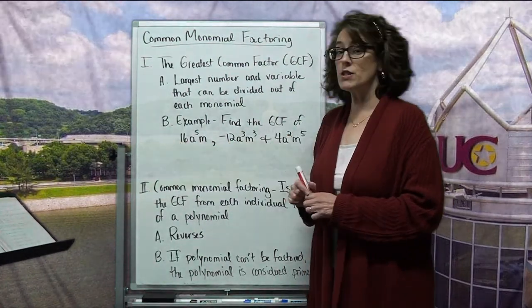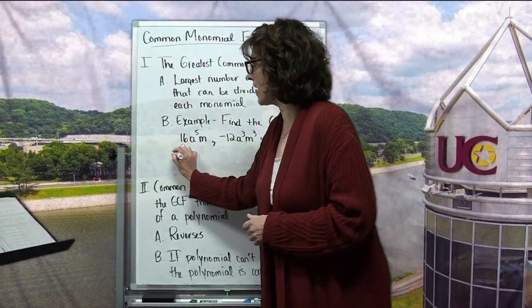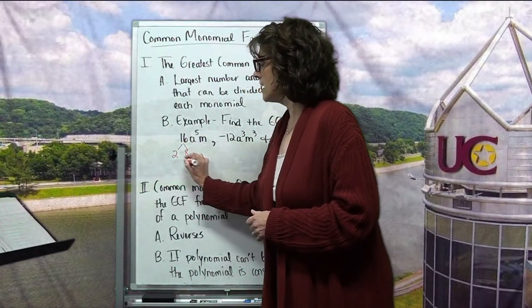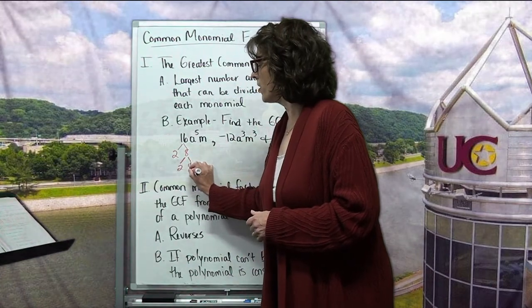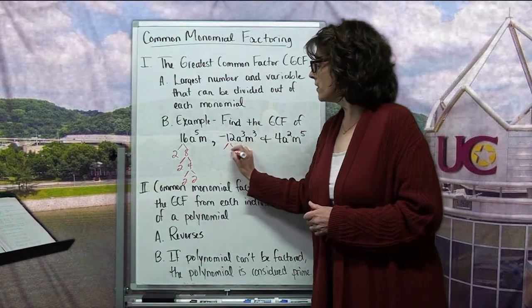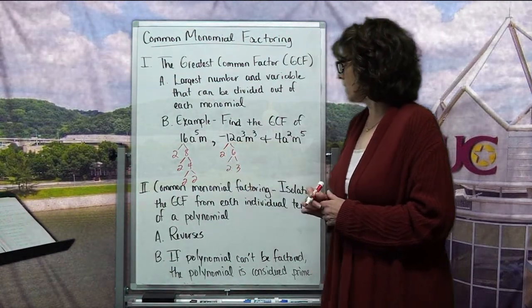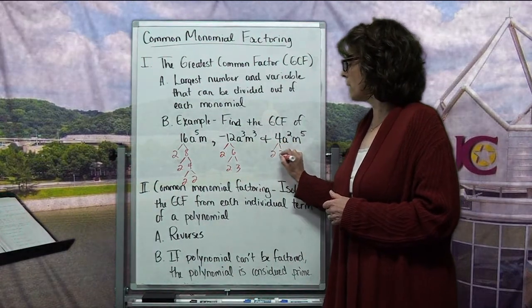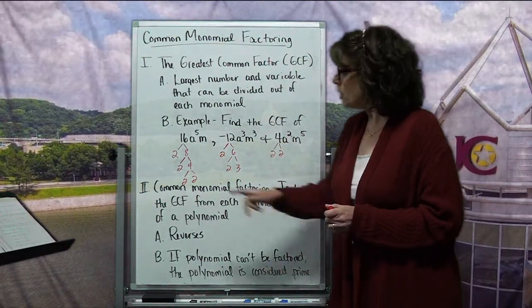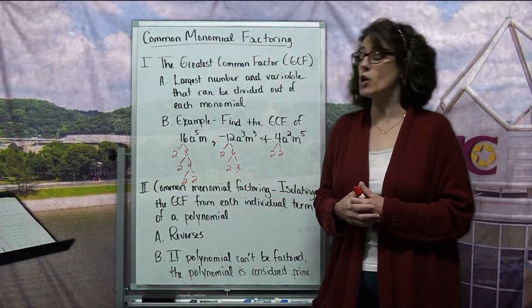This is also divisible by 4, and if I'm not sure how to figure that out, I'm going to break that into its factors. 16 is 2 times 8, 8 is 2 times 4, and then 4 is 2 times 2. 12 is 2 times 6, and 6 is 2 times 3. And then 4 is simply 2 times 2. So I'm going to look at each of the ends of these factor trees here, and say what's common to all of them.